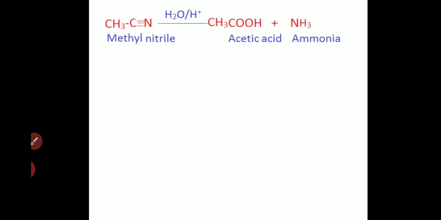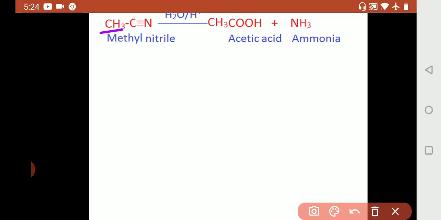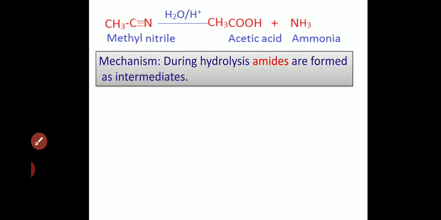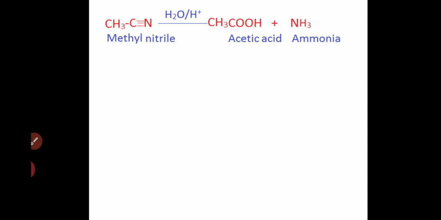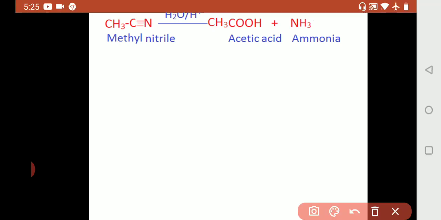For example, in place of R, if we take a methyl group, CH3, then it will be methyl nitrile. In presence of H2O and H plus, that is hydrolysis in presence of an acid, it produces, previously RCOOH, now with CH3 in place of R, CH3COOH.